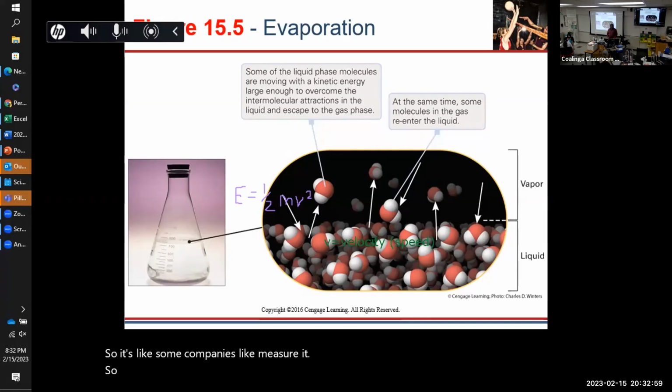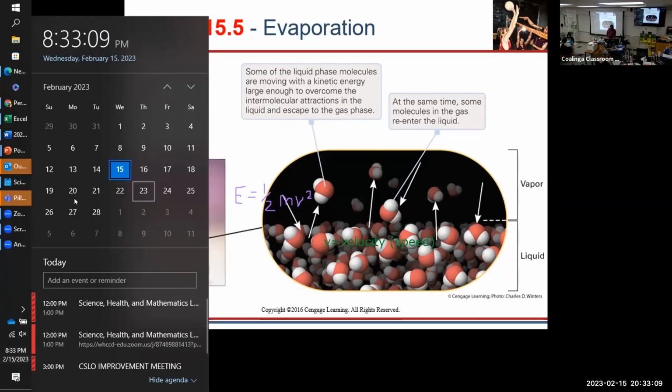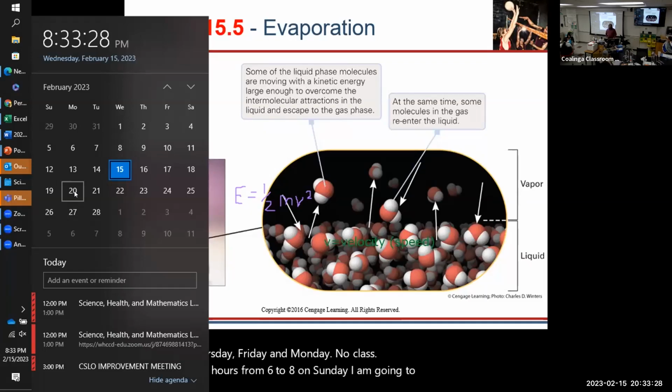Okay, so a recap. There will be no class on February 16, 17, and 20. So that would be Thursday, Friday, and Monday, no class. I will have my cocktail hours from 6 to 8 on Sunday. I am going to give you guys a little leeway this week.